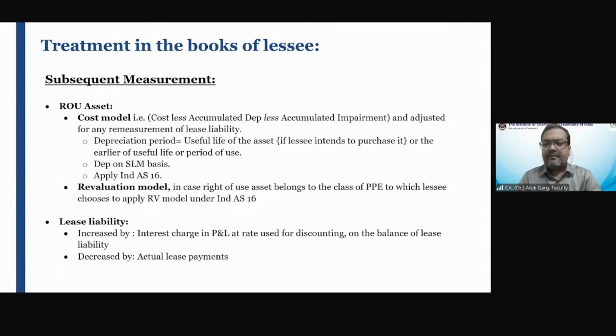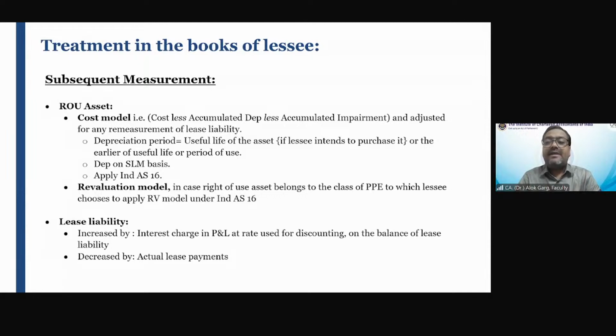In the practical life, my dear friends, the companies are applying cost model to ROU, okay? So friends, when you are applying cost model, you have to compute the carrying value of ROU, which is original cost minus accumulated depreciation minus accumulated impairment. Okay. So it means this ROU is subject to the depreciation and impairment. Yes. So this ROU asset is going to be depreciated over the lease term.